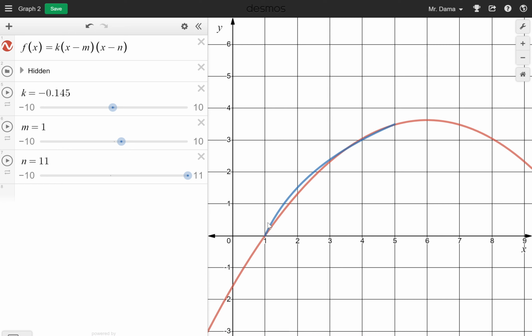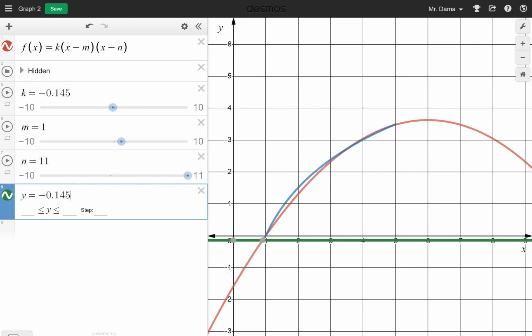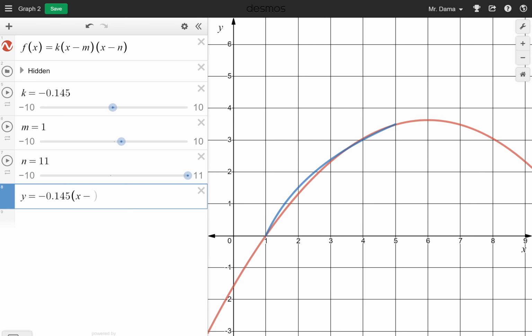So can you sort of see that I've modeled this blue line by using my red line? And so what is my equation of this red line? Let's try write it. y equals negative 0.145 (x minus my first root, which is 1)(x minus my second root, which is 11), and that is my graph.